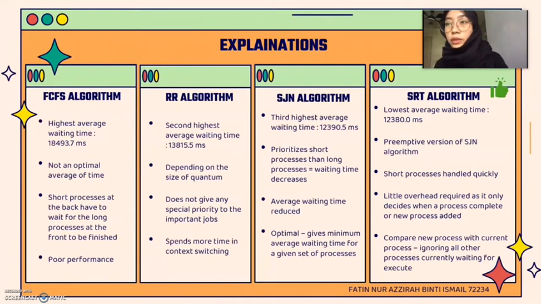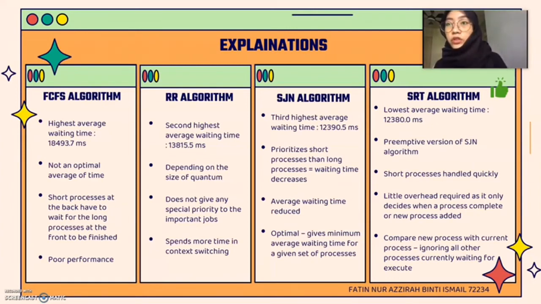Round-robin algorithm performance heavily depends on the size of the quantum. If the time quantum is large, the round-robin algorithm is similar to first-come first-serve algorithm. For this algorithm, the time quantum that is used is 10 CPU cycles. This algorithm also does not give any special priority to the important jobs and spends more time in context switching.